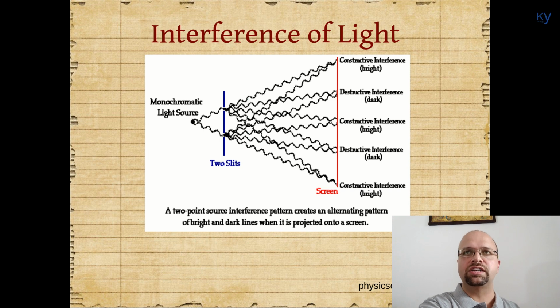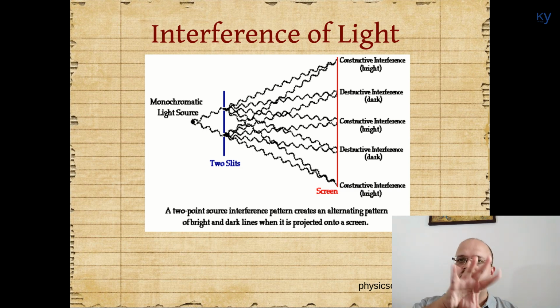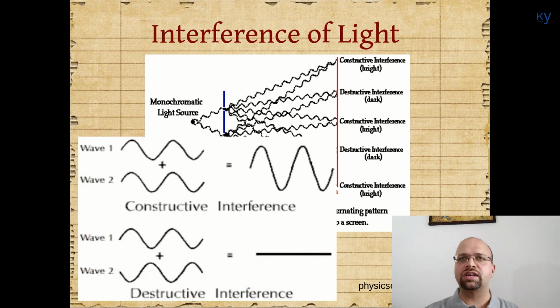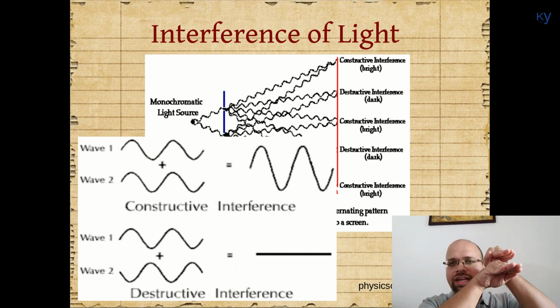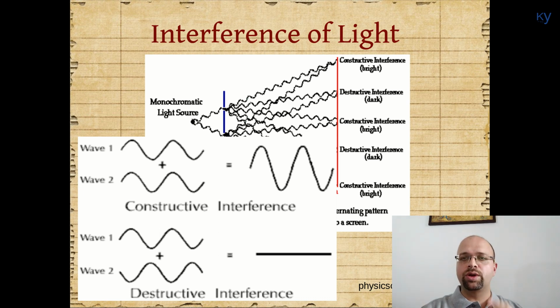The two slits you see here in the blue line make it behave like two sources of light, and the waves of this light interact. When they hit the screen, in some places constructive interference happens, which means the two waves are perfectly aligned, so they add up and create a bigger wave. You get a bright spot of light at that point on the screen.